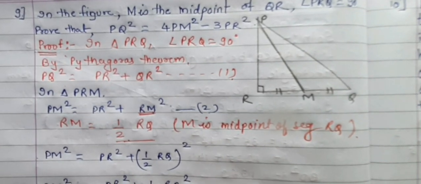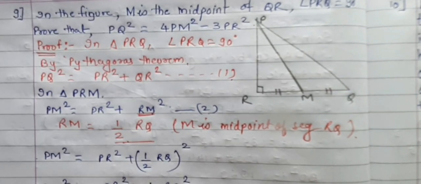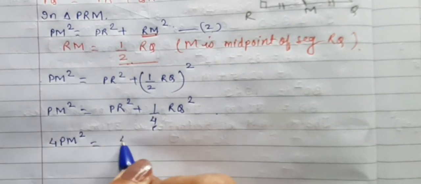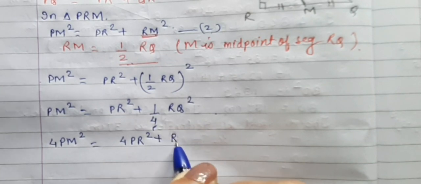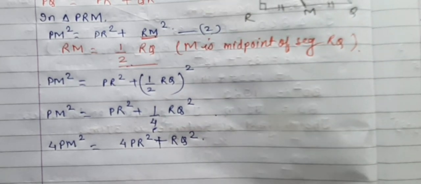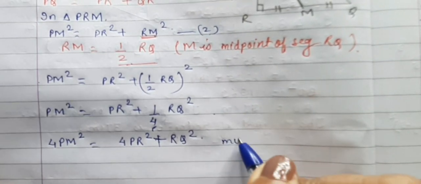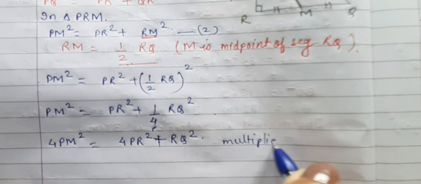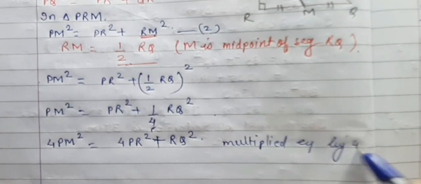Now what do I have to do with this 4? I'll be multiplying the whole equation by 4. So what I'll get is 4 times PM square is equal to 4 times PR square plus RQ square. What I have done is multiplied the equation by 4.